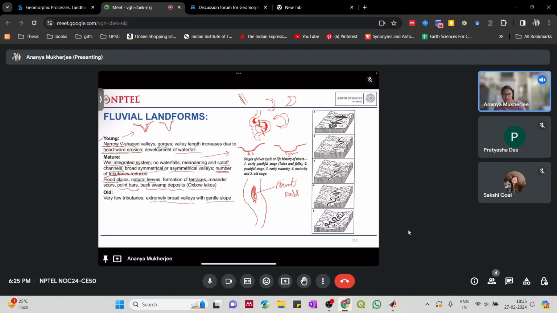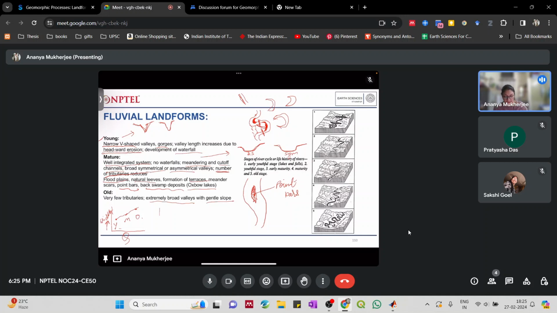If we take Q as the discharge, and consider the width of the river channel, it is seen that at the younger stage, then the mature stage, and then the older stage, if you take a cross section at these stages of the river, the width of the channel increases when we move from the younger stage to the older stage, and the amount of discharge also increases.